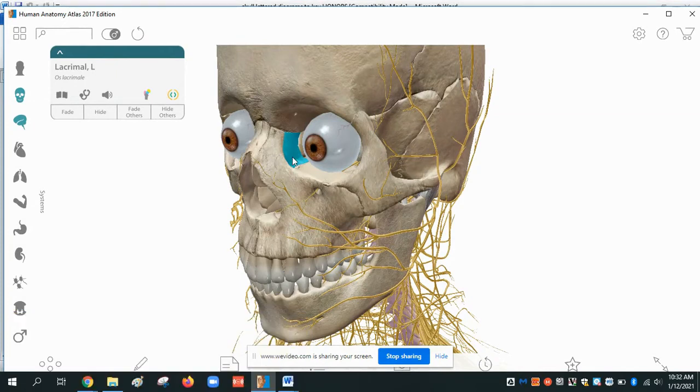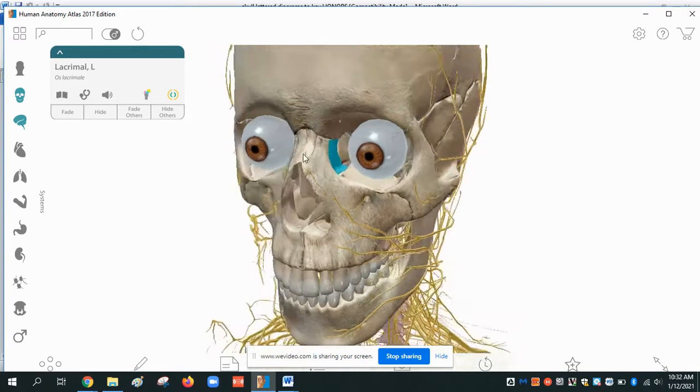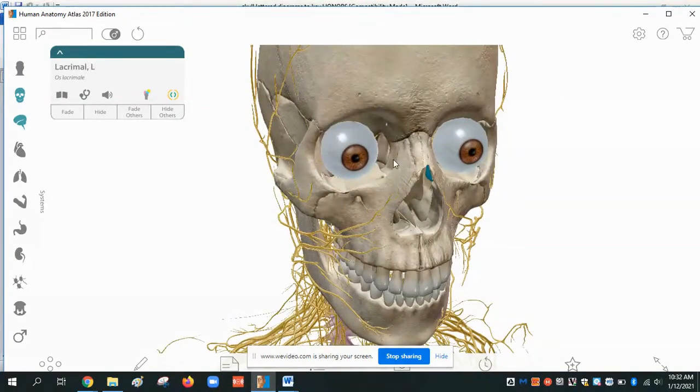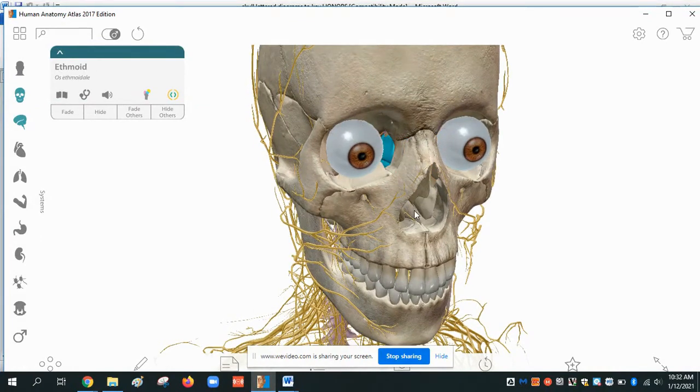This is where the drainage for the tears is. There is a little indentation that houses part of the tear drainage apparatus. So lacrimal there and there. And then immediately behind it is ethmoid. Okay, so ethmoid, lacrimal, maxilla, nasal.